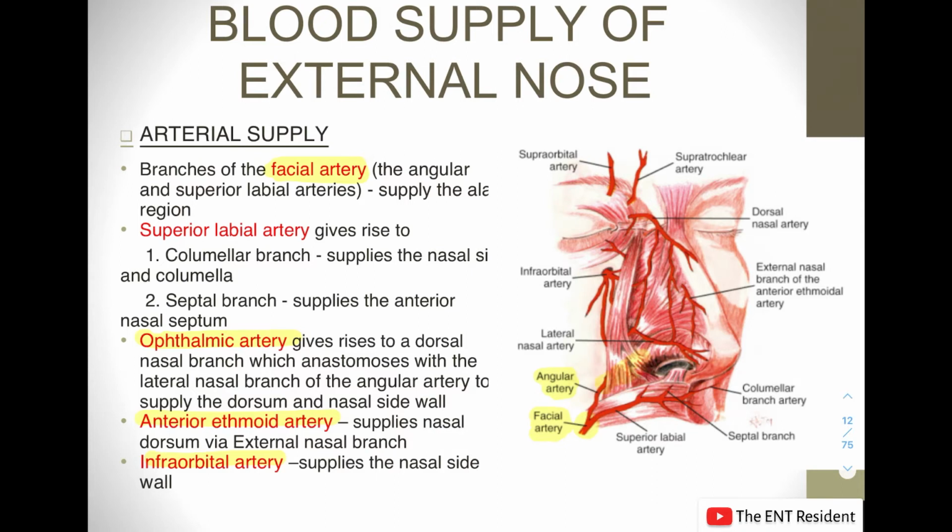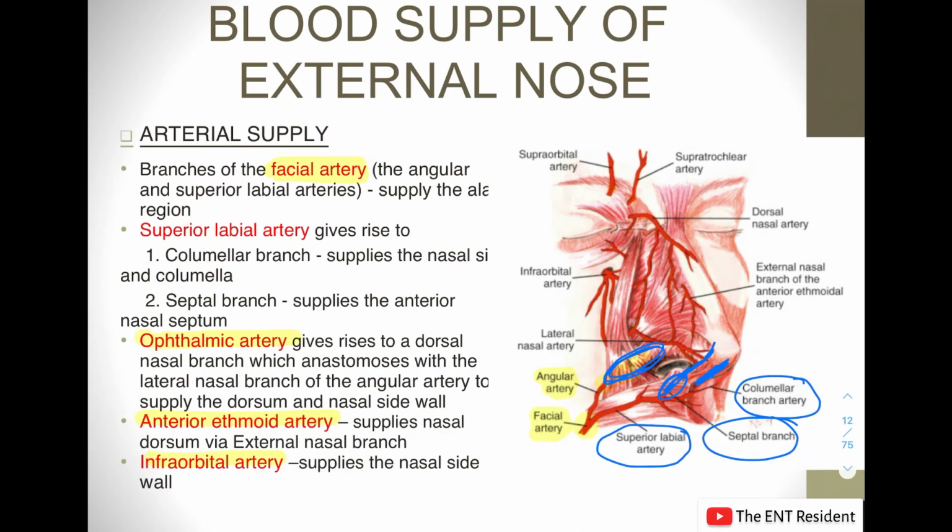And the superior labial artery, which is also a branch of the facial artery, divides itself into 2 parts: first the columellar branch, which is supplying the nasal sill and the columellar region, which is right over here, and the septal branch, which supplies the anterior nasal septum. So it goes over here. So this is the supply of the facial artery.